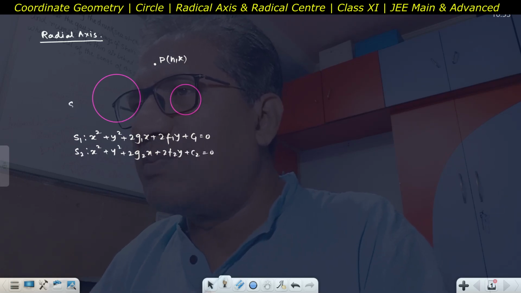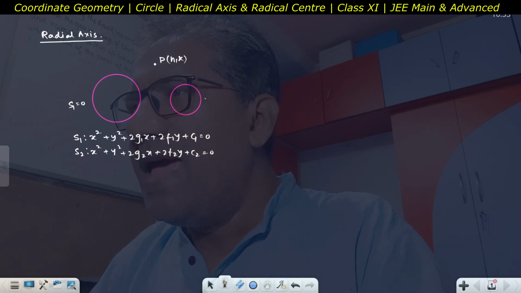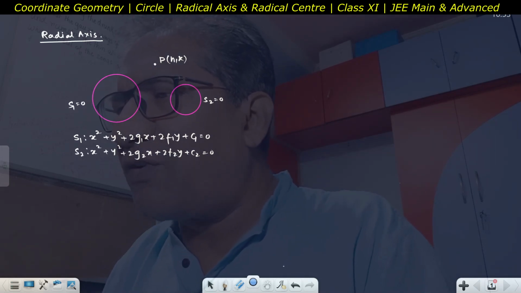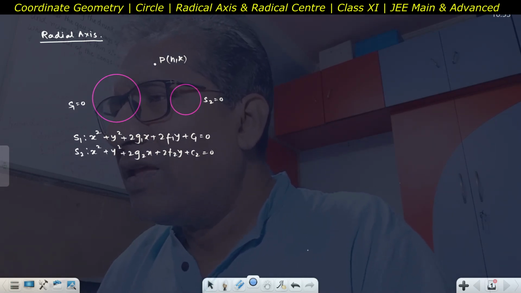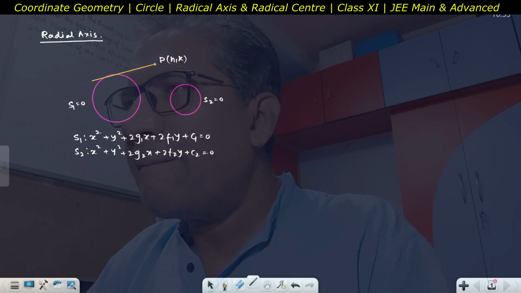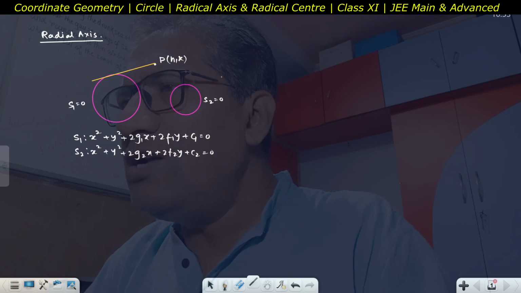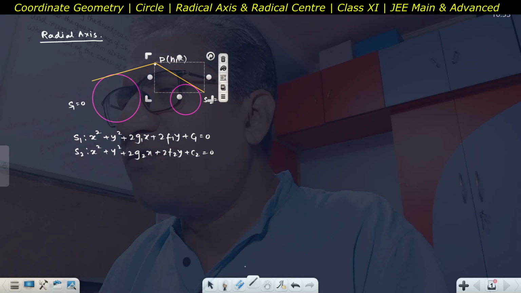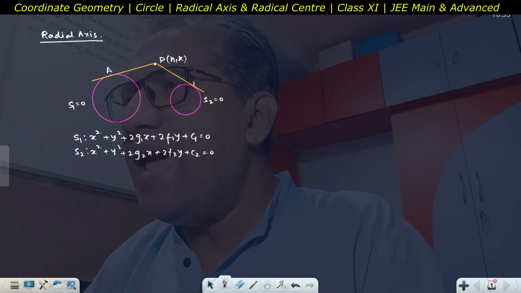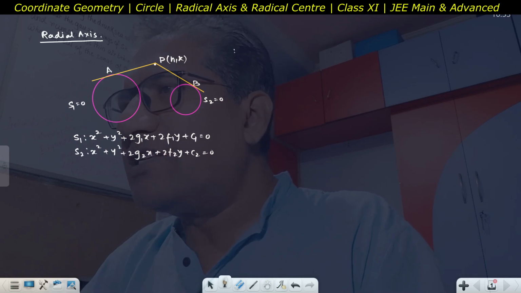Let us say this is my S1 equals to 0 and this is my S2 equals to 0. Now, if I draw tangents from this point on these two circles, then according to the definition, the lengths of these two tangents, PA and PB, must be equal.